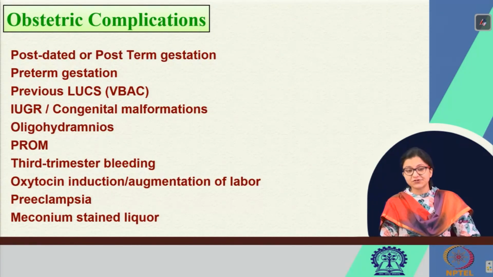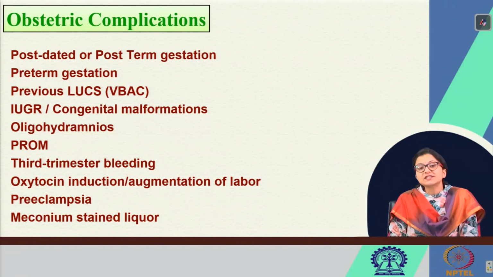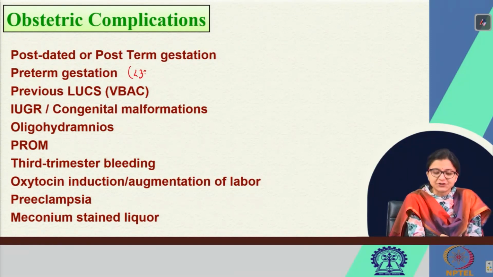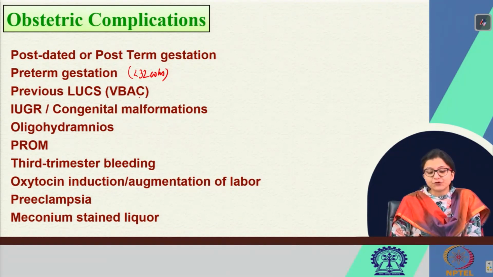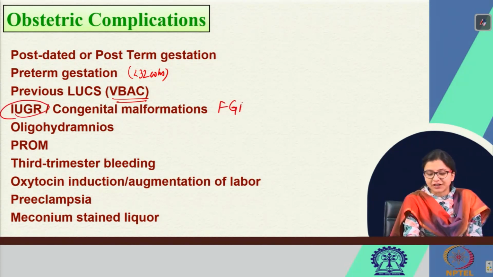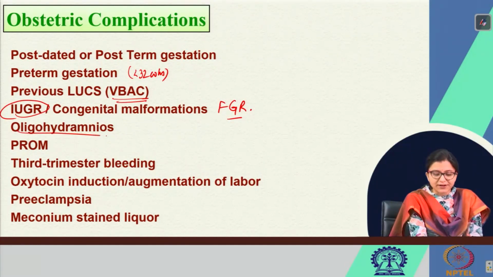Now, coming to the obstetrical complications: post-dated or post-term pregnancy. In case of preterm, less than 32 weeks, we also go for CTG. Previous cesarean section where you are going for a trial of labor, trying for vaginal birth after cesarean section. IUGR, now we call it FGR, fetal growth restriction. Any type of malformation on the part of the fetus, and oligohydramnios, very important.